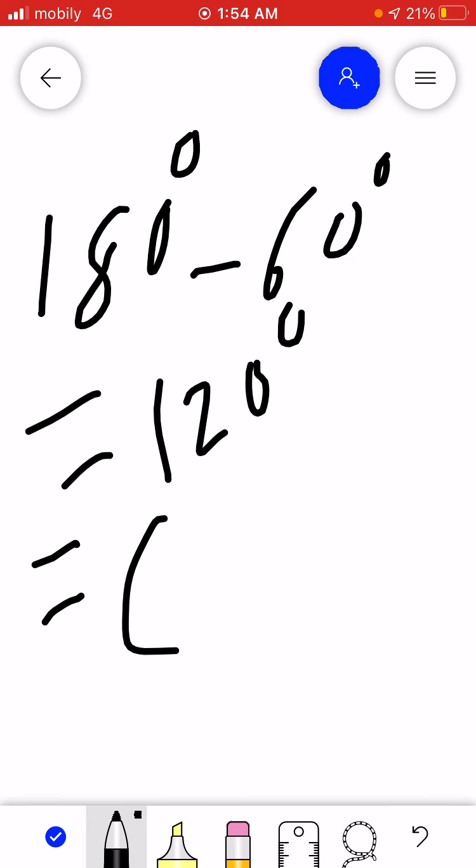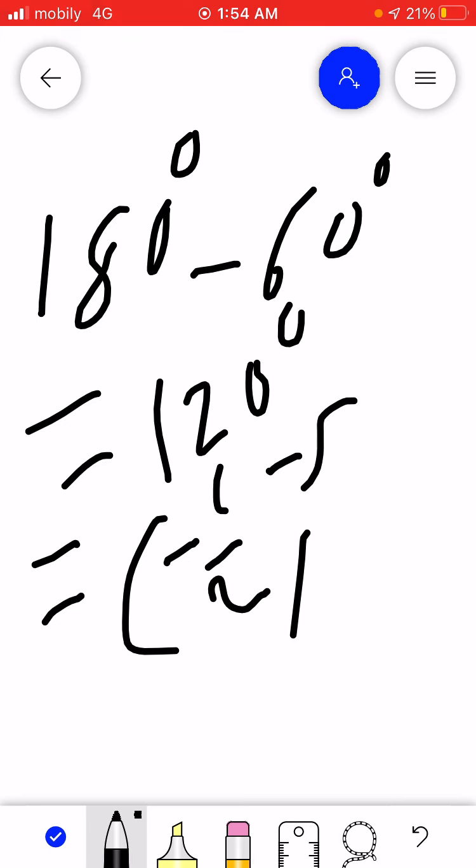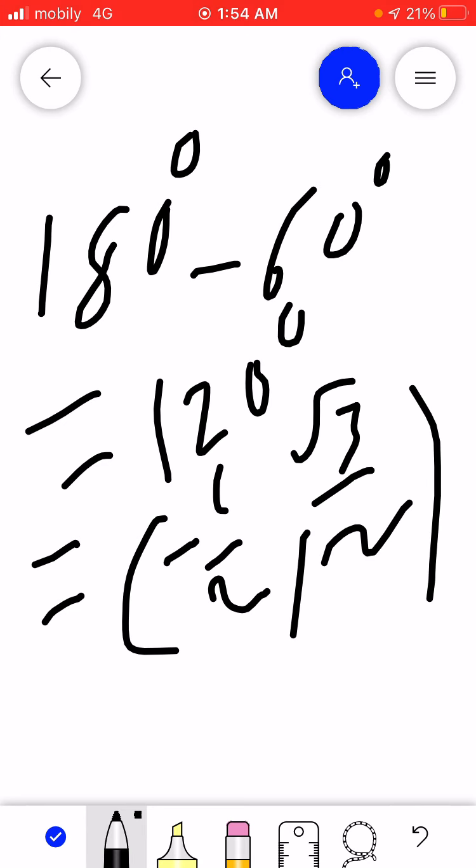This is going to be the opposite of the 30 degrees of the first quadrant, but different signs for the cosine, or the x-axis. So basically it's going to be negative half and positive root 3 over 2. All right.